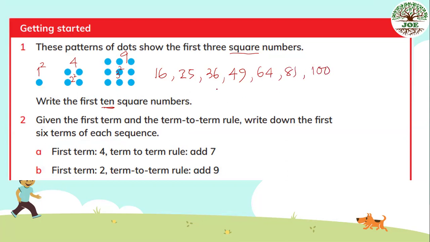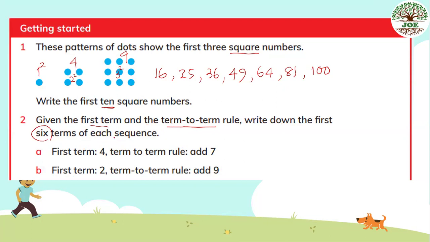This is number one. Number two: give the first term and the term-to-term rule. The term-to-term rule is something you learned last year. Given the first term and the term-to-term rule, write down the first 6 terms of each sequence. So we have to continue up to 6 terms.